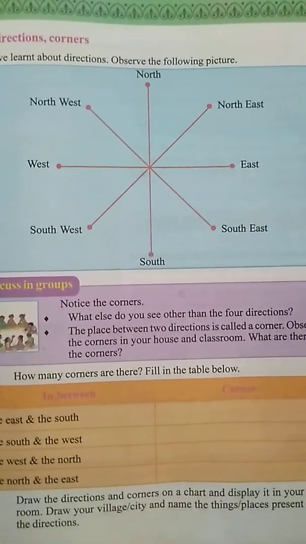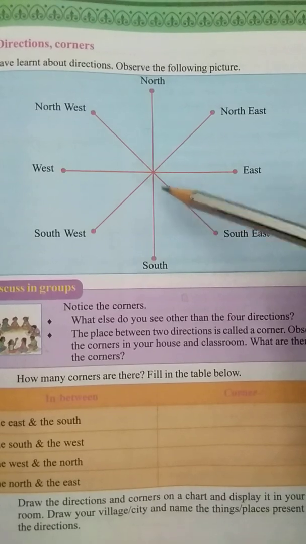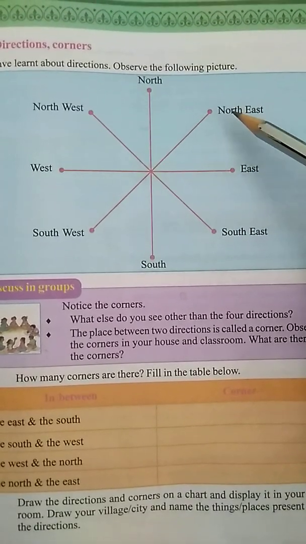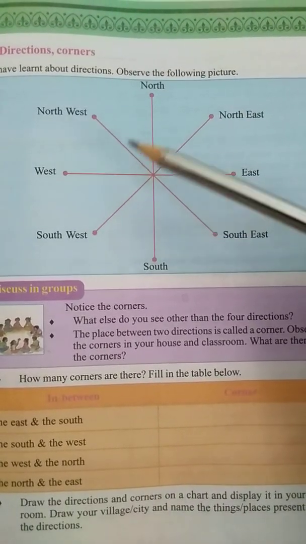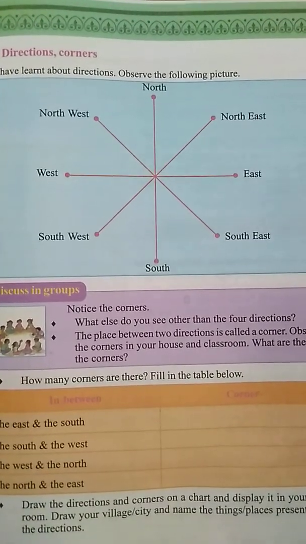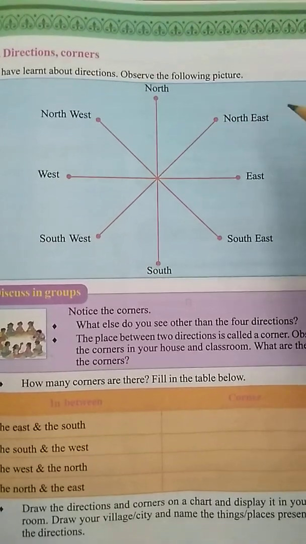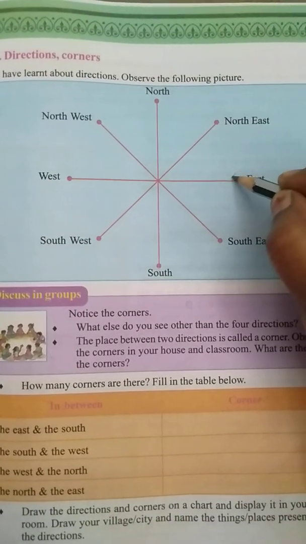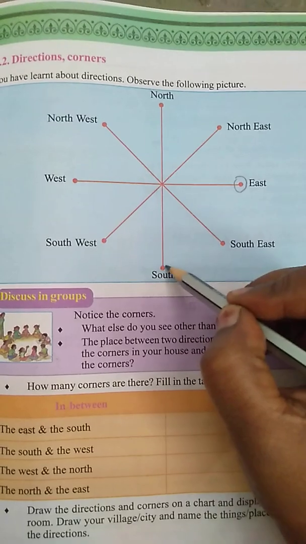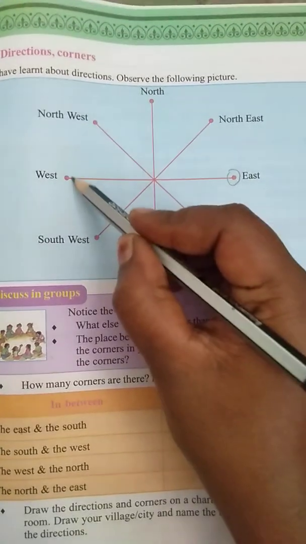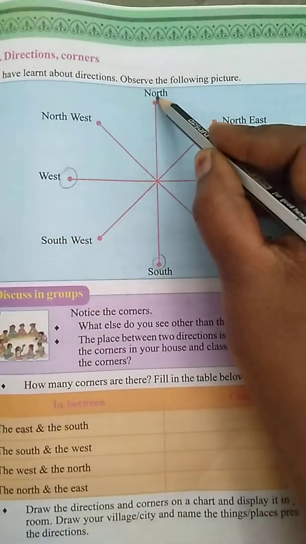Now in this picture you will see that some more directions are given. You will get confused, so don't get confused, children. These are called the corners. These are our main directions: east, south, west and north.